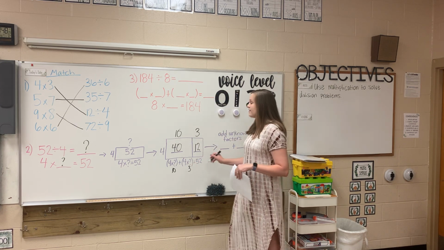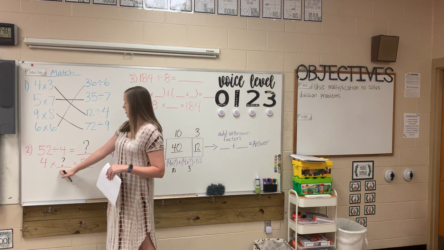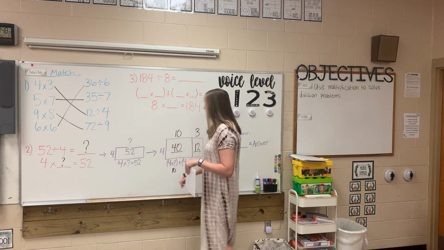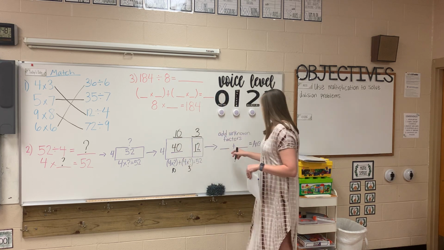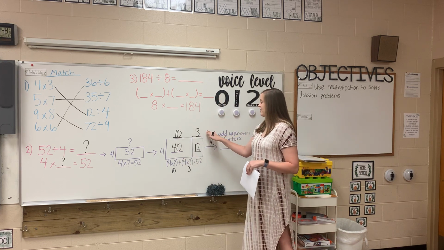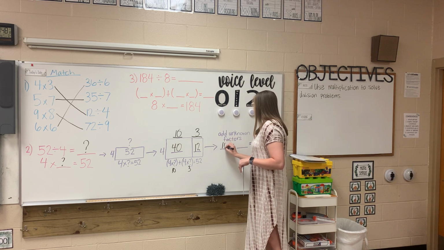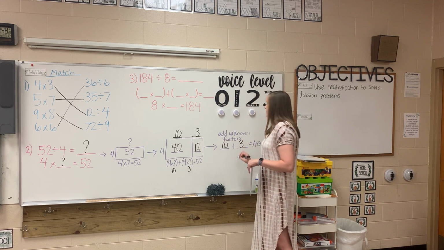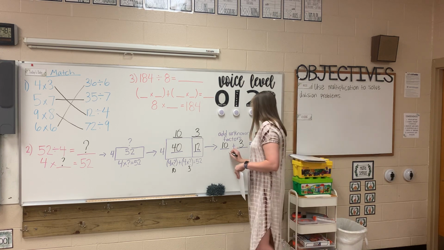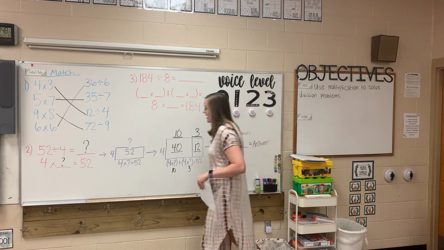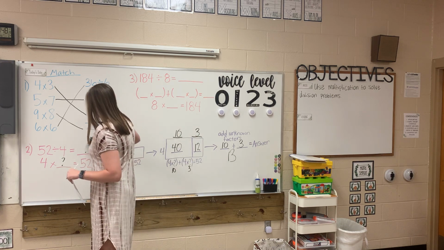And how we're going to find our original answer, our original unknown, is by adding these two numbers together. So we're going to add the unknown factors that we found together. So 10 plus 3, and that's going to give us our answer. So 10 plus 3 is 13.